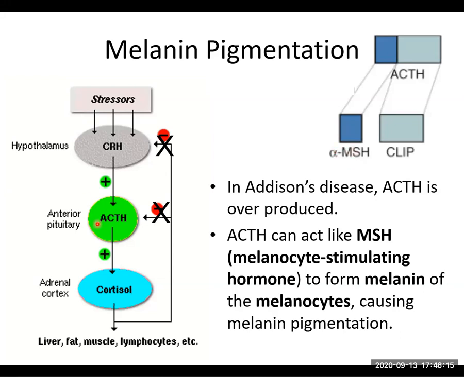If too much ACTH is circulating around in the body, it will be viewed by these melanocytes, which are a kind of skin cell, as the MSH, and they will take it and produce more melanin, and we will see hyperpigmentation in these patients.